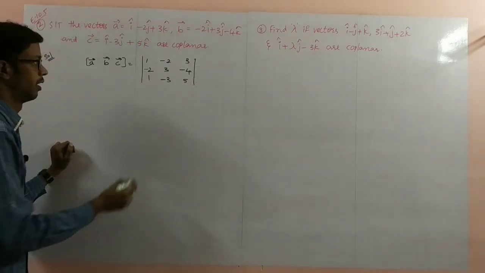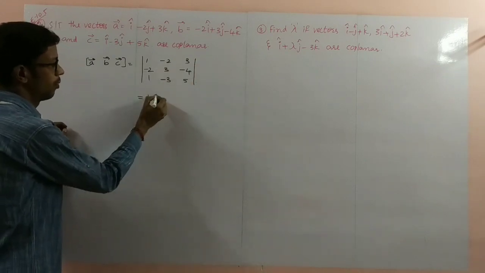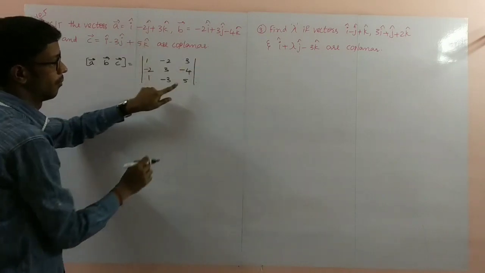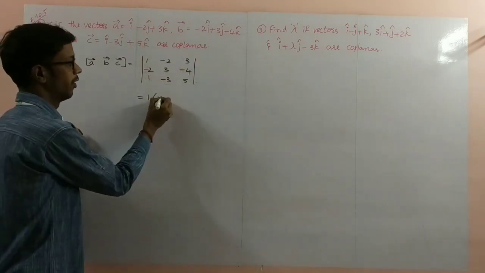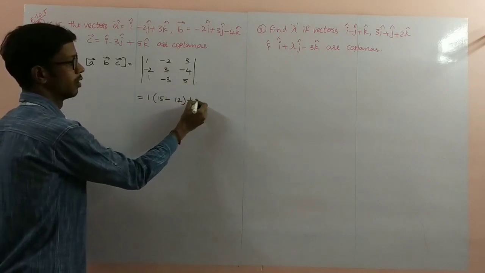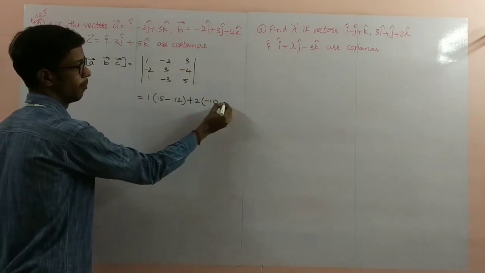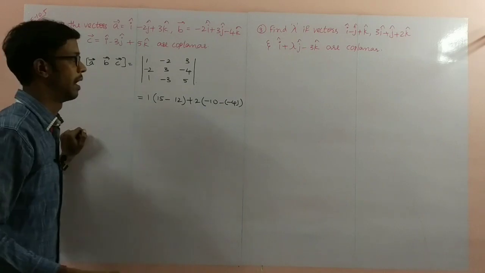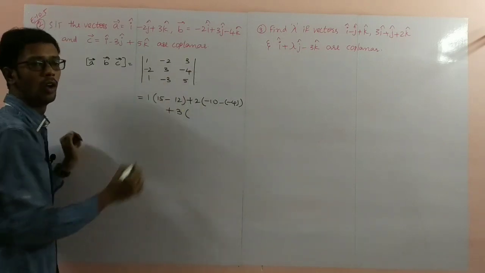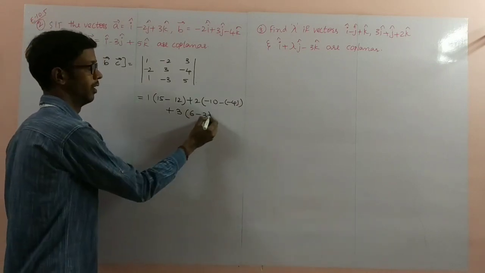This is the determinant. Now you have to simplify. 1 into, closing first row and first column, cross multiply: 3 fives are 15 minus 3 fours are 12. Minus is there, so plus, I'll write in brackets, minus 10 minus of minus 4, plus 3 into minus 2 into minus 3 is plus 6 minus 3.